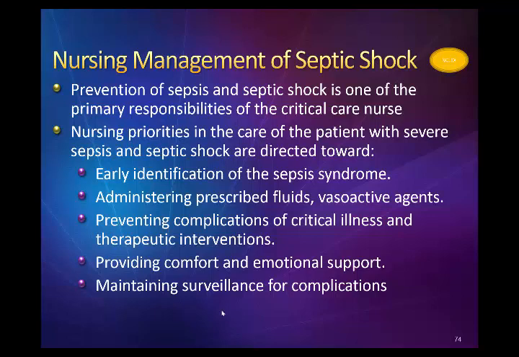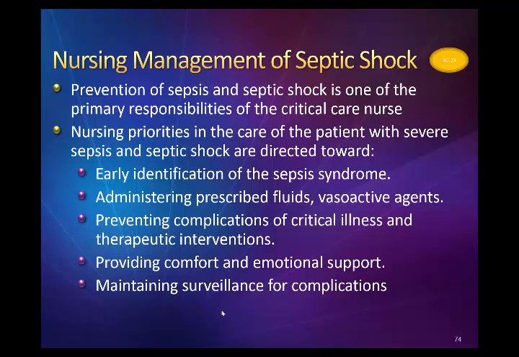So when you have a patient with septic shock, or at risk for septic shock, there are specific things as a nurse that we are to do for the patient. And first of all, identification early is really, really important. So we want to make sure that we're categorizing those patients that are at risk, and make sure we're watching them very, very carefully for signs of sepsis.